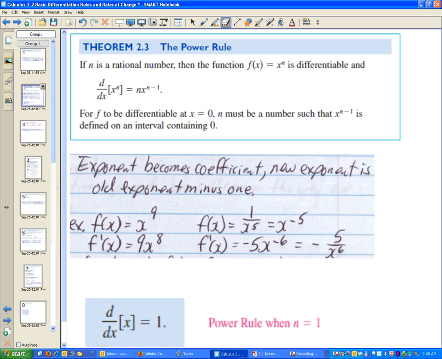No. It's not the way it works. The exponent becomes the coefficient, subtract 1 from the exponent. I don't know what you're saying exactly, but you're off track.